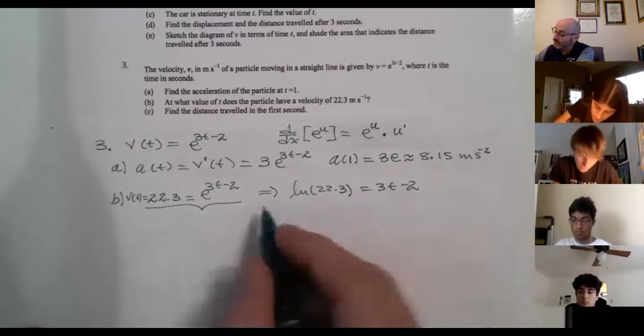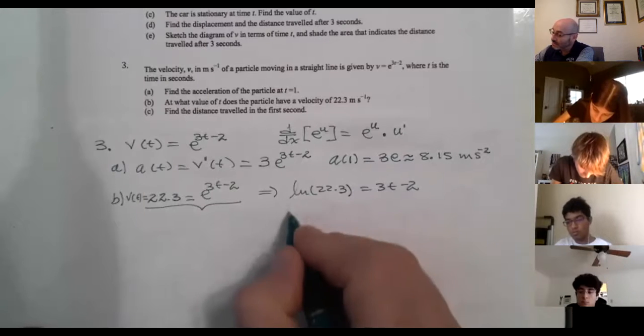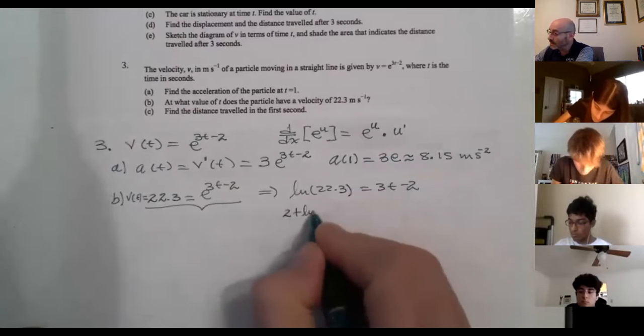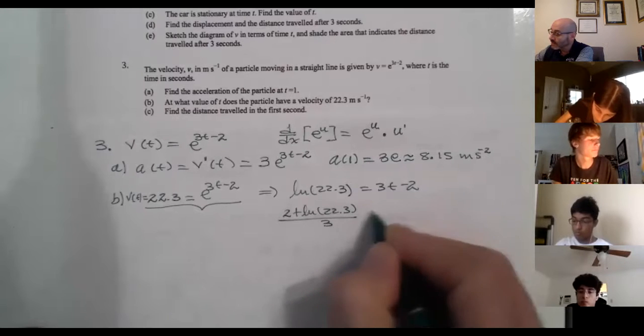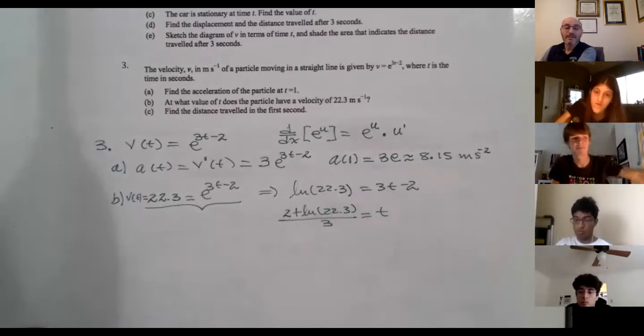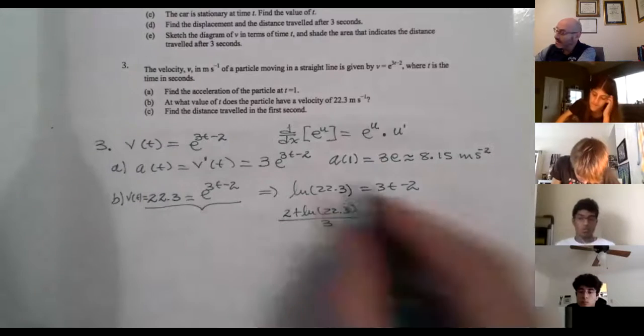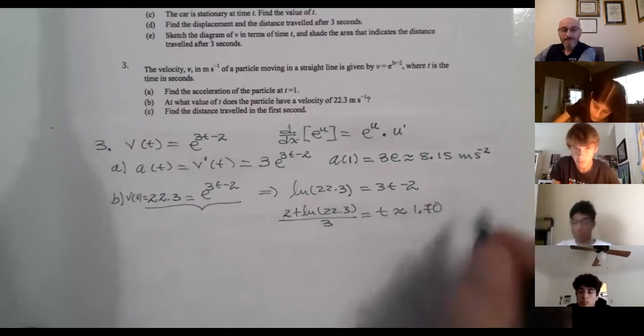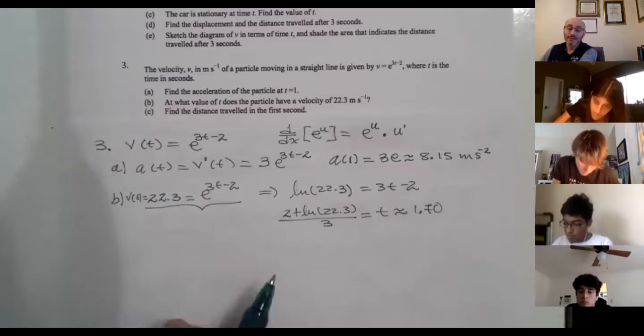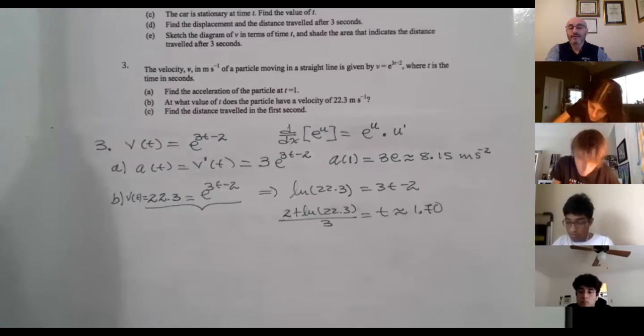And then we do what Bram said, which is add 2. So it's going to be 2 plus ln of 22.3, divided by 3. That's the value of t. And if we find that on the calculator, that's about 1.70, or 1.7 seconds.